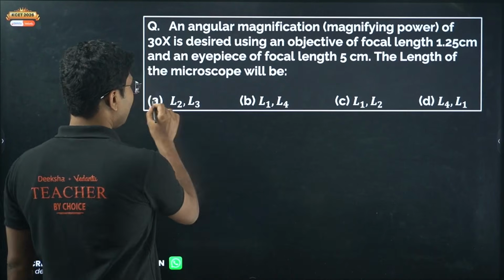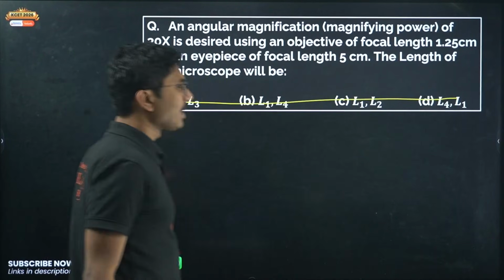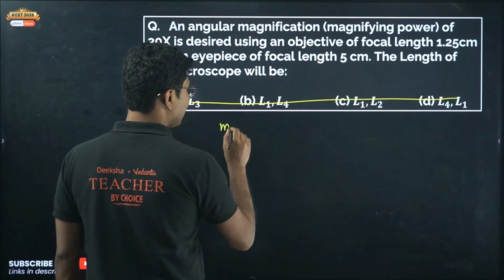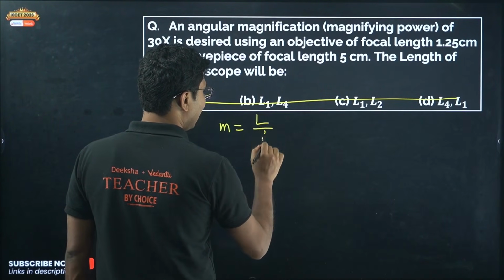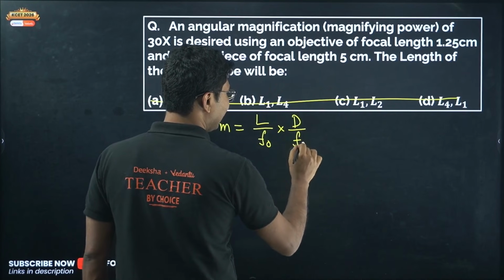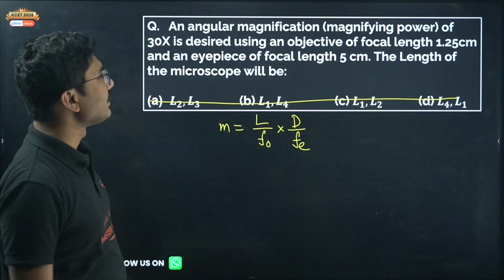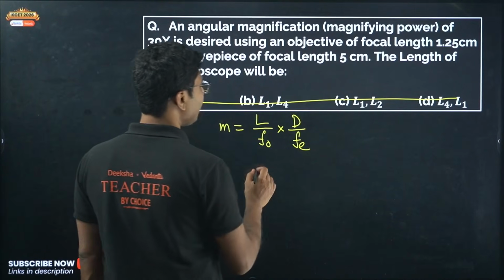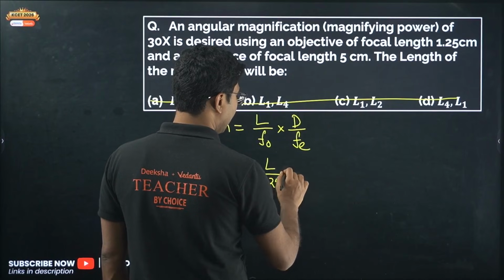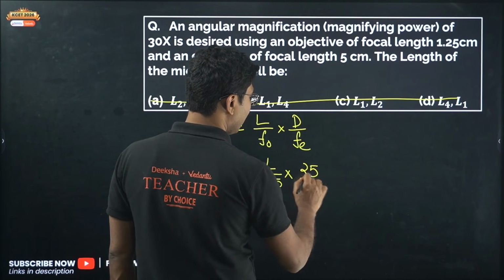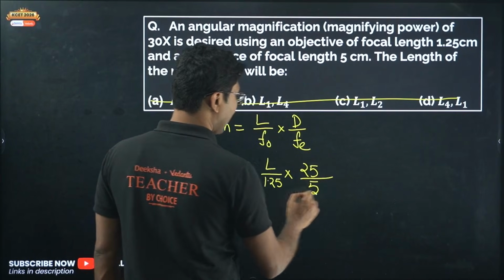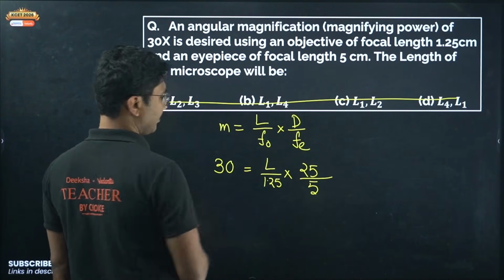So the magnification, 30x, is given by L by f_o into distinct vision divided by f_e. Here f_o is 1.25 centimeter, so L by 1.25, and the distinct vision is fixed at 25 divided by 5 centimeter, and the magnification we are expecting is 30.